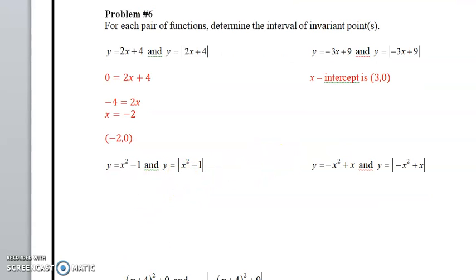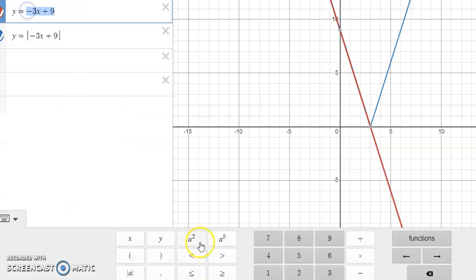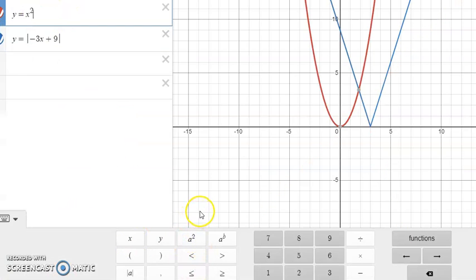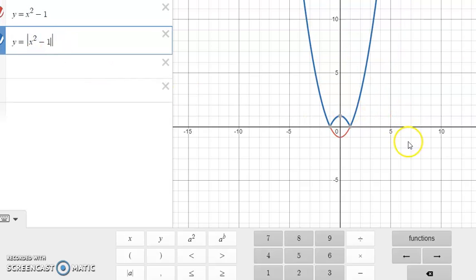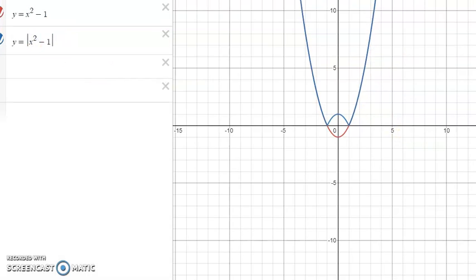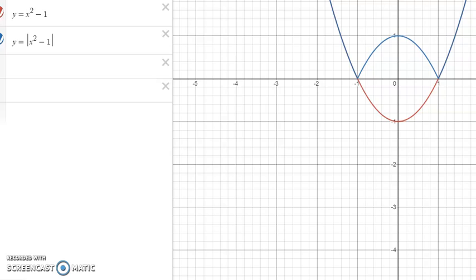The next one we have is a difference of squares. We have x squared minus 1, and here we do the absolute value of that same function. So we'll put the absolute value in, and there we are. What has changed is the original.